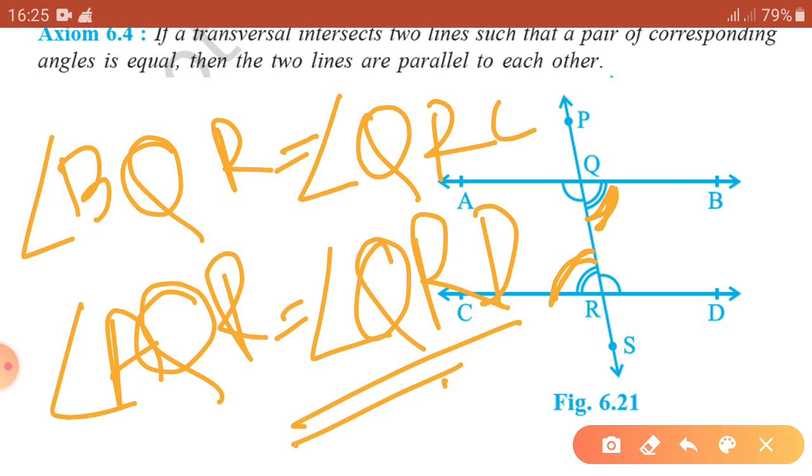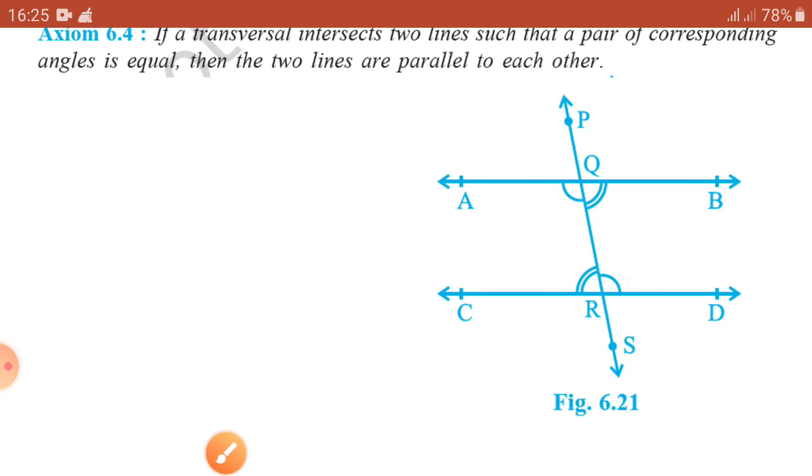So these are the alternate interior angles. Now go to the next theorem.